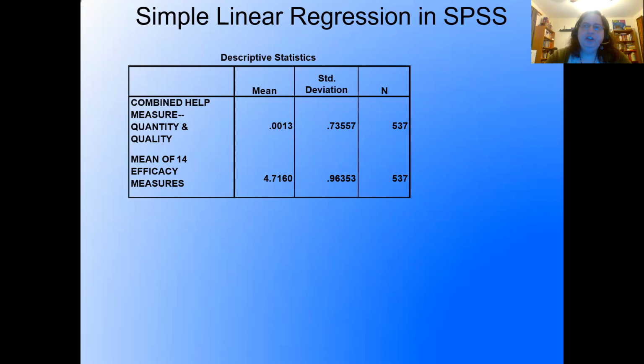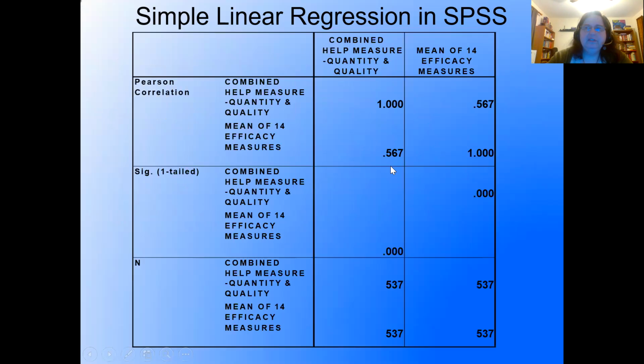Okay. So we start off with some basic information. Not particularly interesting. Interesting, I guess, that we have 537 people. That's a lot of people in this study. That's great. And then we start off here with a correlation. Okay. And it's a mighty strong correlation, 0.567.